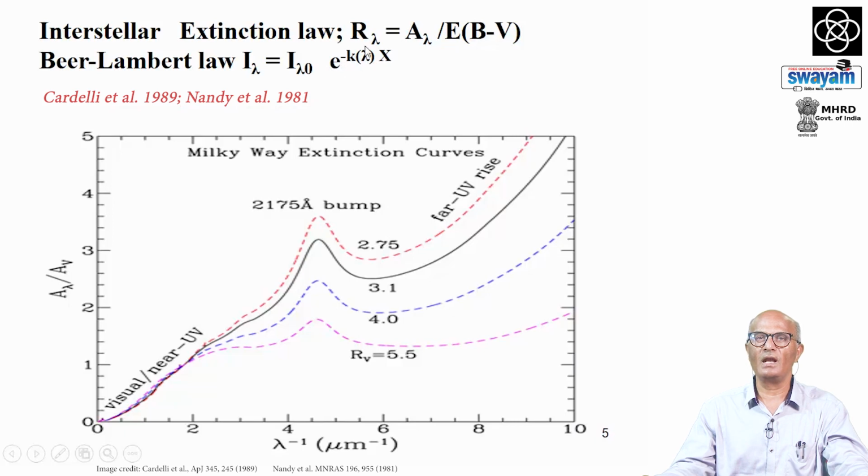And this k lambda, which we call the attenuation coefficient, is a function of wavelength, and x is the interstellar matter which is causing attenuation.